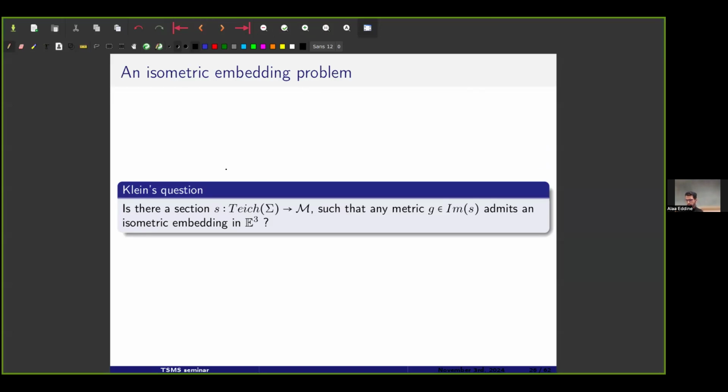We are looking for a section from the Teichmüller space into the space of metrics, not necessarily continuous, just a section, such that any metric in the image admits an isometric embedding in the Euclidean space. So just another reformulation of Klein's question.